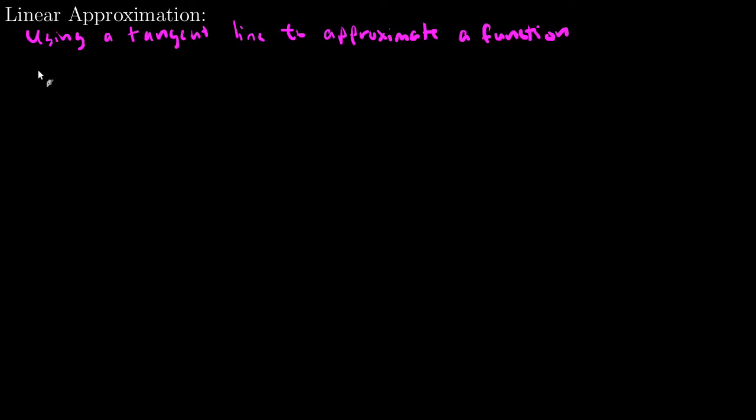The tangent line that we're going to go through will go through what we're going to call the center, which is going to be x naught, f of x naught.